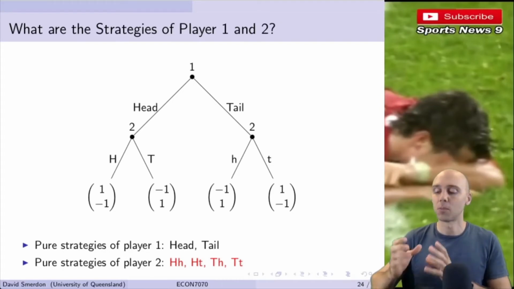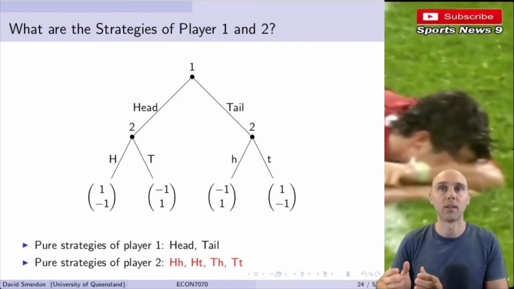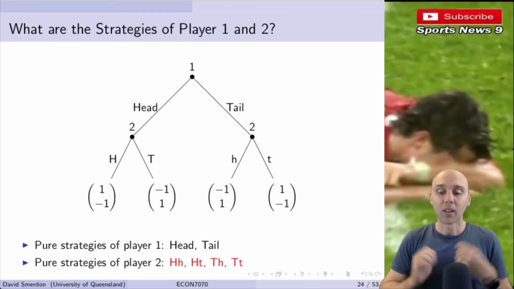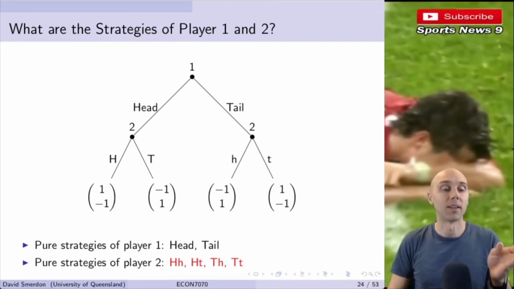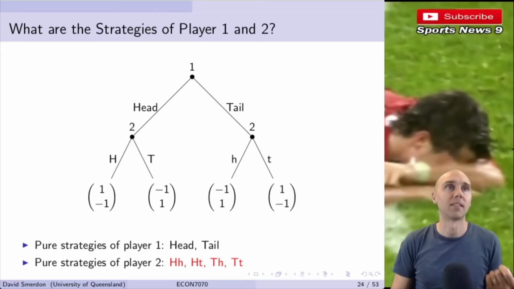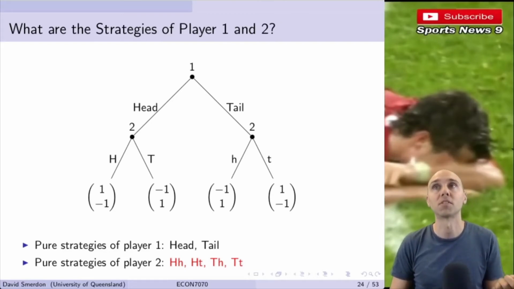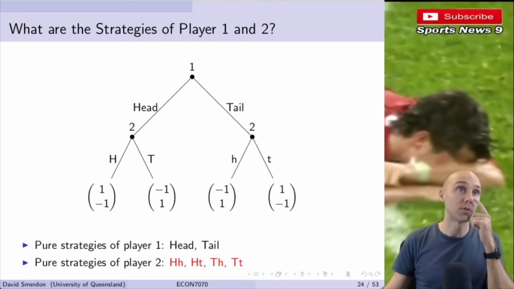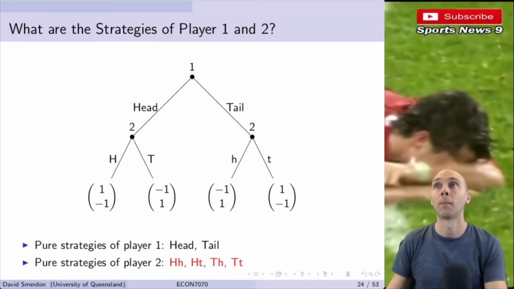How many possible sets of instructions could there be to give to his brother? Well, remember, the instructions say this is what you do if player 1 does heads, and this is what you do if player 1 does tails. Now, there are 2 possible answers to the first question, and there are 2 possible answers to the second question. So overall, there are 4 possible sets of instructions, 4 possible contingent plans or pure strategies for player 2.